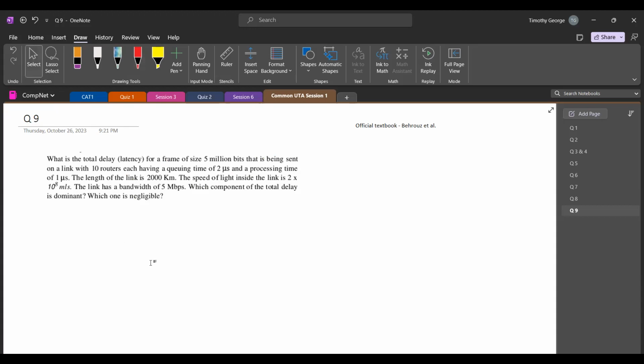We are given the most obvious thing, the size: the total size of the packets, 5 million bits. Then we're given the number of routers. So you have a network, with a number of nodes.